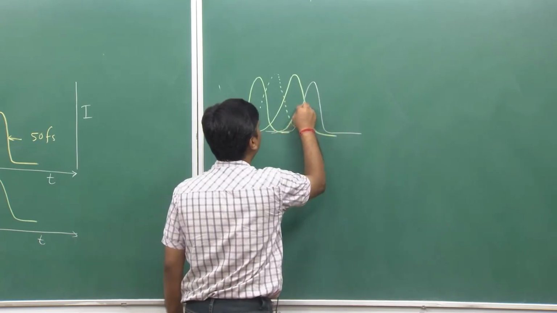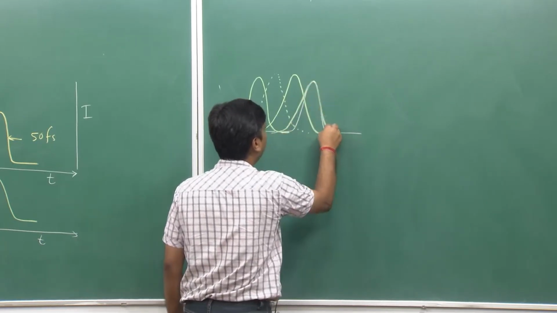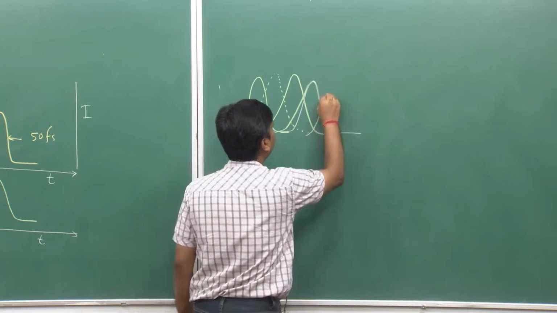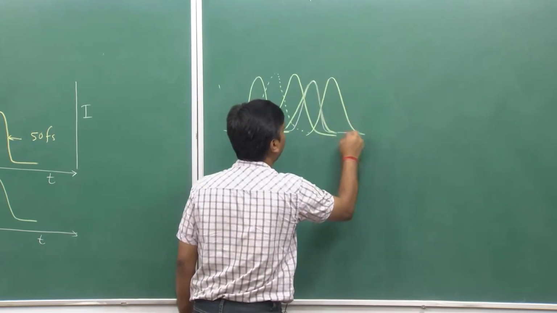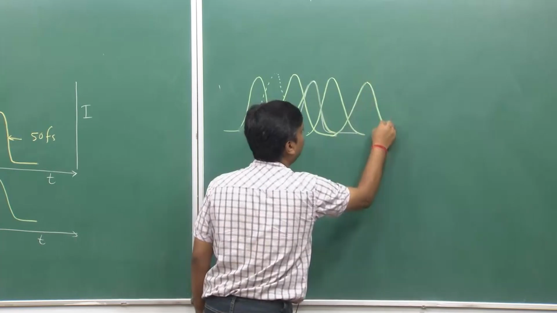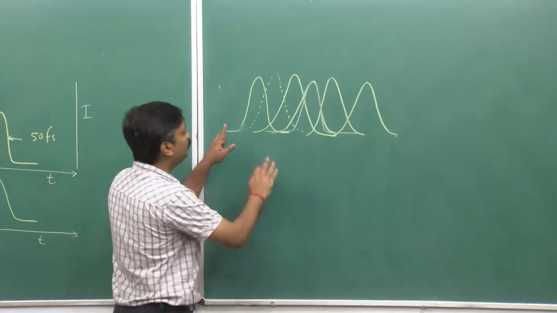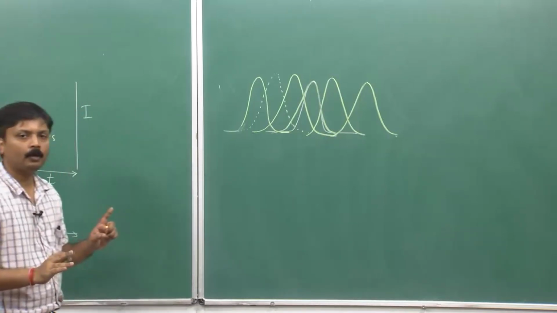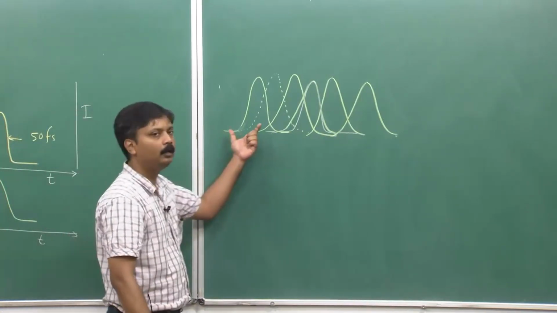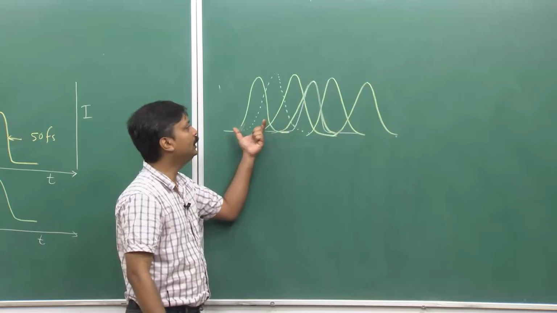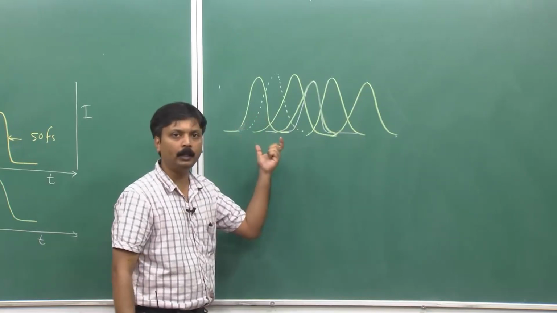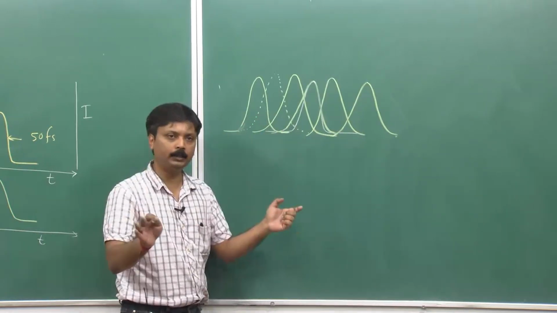If I go even farther, at some point of time they will overlap, and then if we move farther, it moves out, and then totally goes out. So when these two pulses are quite apart, there is no SHG due to the mixing of those two pulses. There may be background SHG.